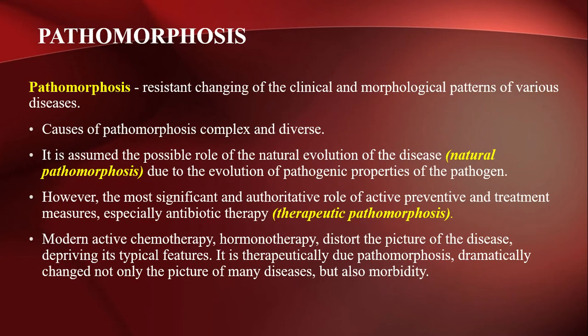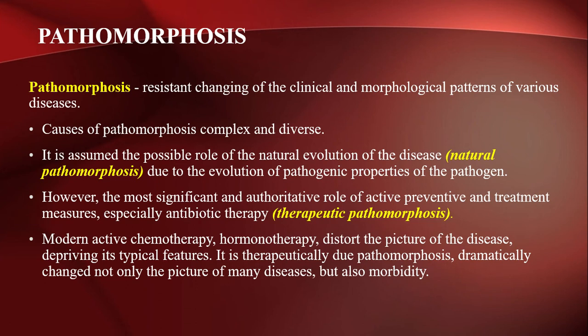But what does pathomorphosis mean? Pathomorphosis is a persistent change of the clinical and morphological patterns of various diseases. Causes of pathomorphosis are complex and diverse. It is assumed there is a possible role of the natural evolution of the diseases, which we call natural pathomorphosis, due to the evolution of pathogenic properties of the pathogen.